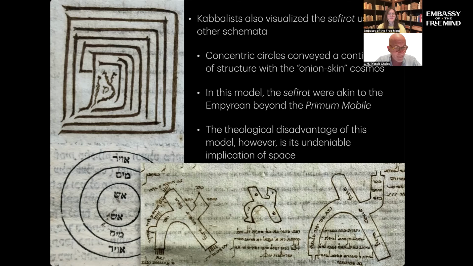And there very directly, Cordovero says, of course, we don't think that the Sfirot look like an Aleph, but we want to say something about the Sfirot by visualizing them as an Aleph, because an Aleph is one.